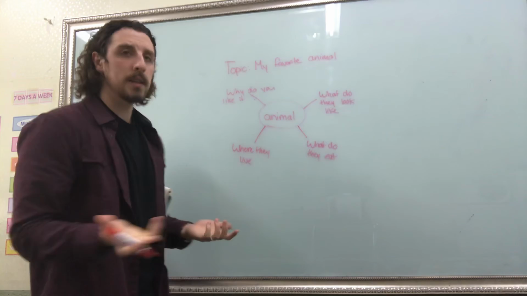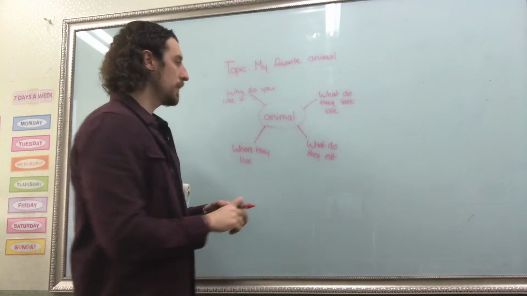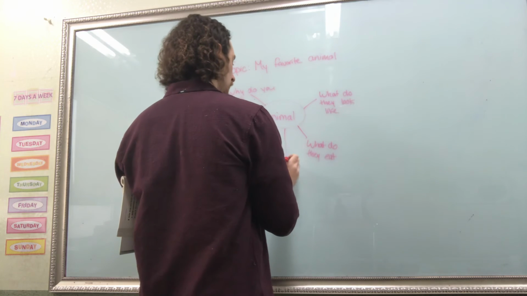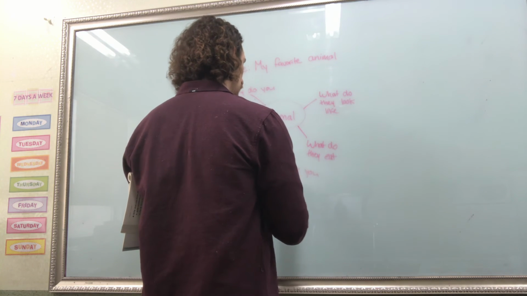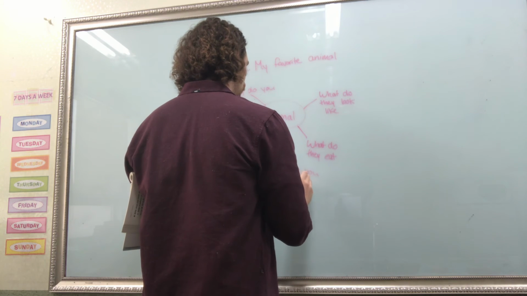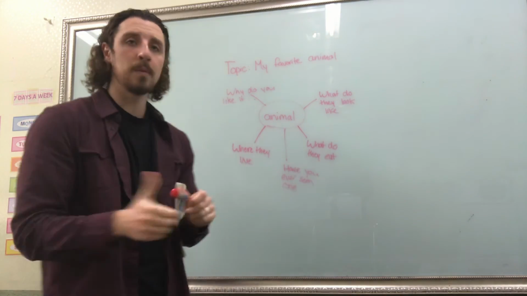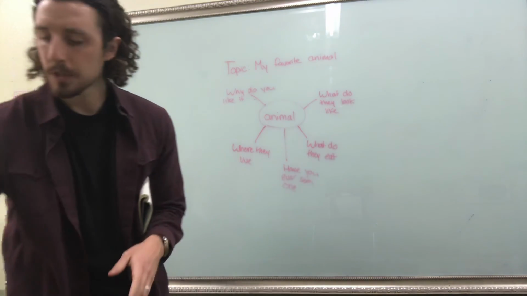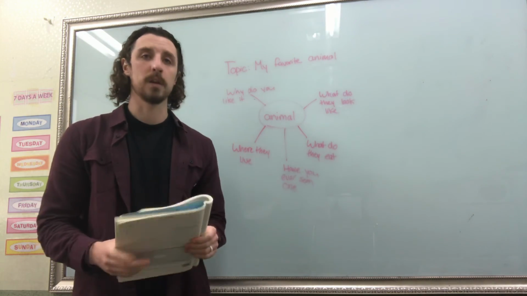So why do you like this animal? Is there a reason? What is the reason why you like it? And then the last one you can talk about is, have you ever seen one? Have you ever seen your favorite animal in person? Or have you just seen it on TV or online or something, okay?